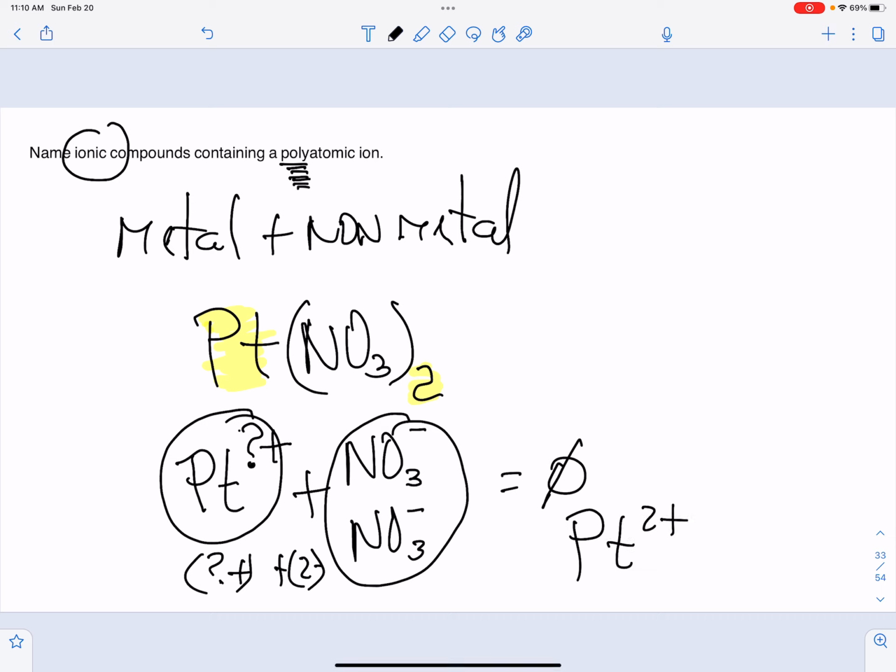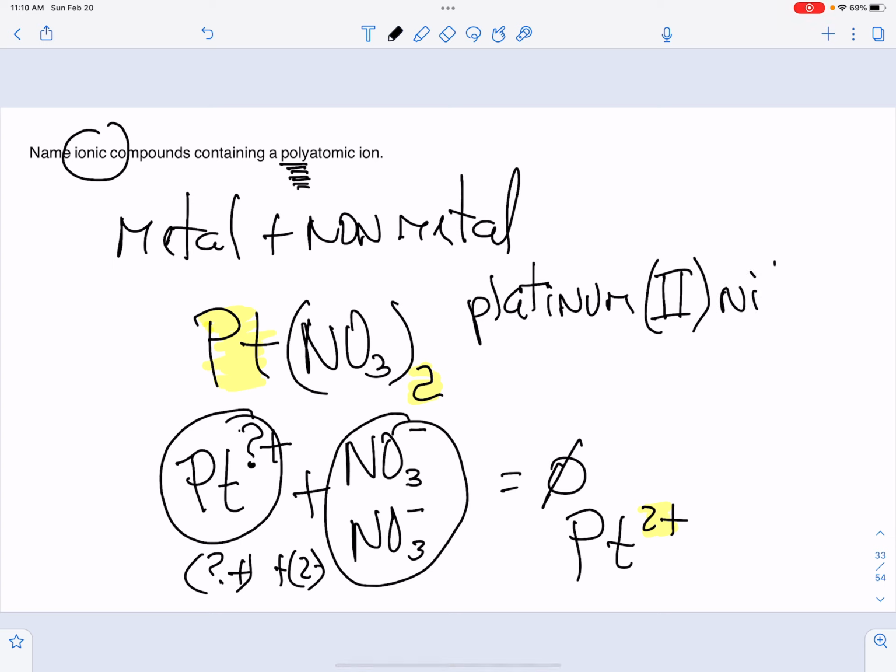So this is going to be platinum, straight from the periodic table. It's a transition metal, so I have to indicate the charge with a Roman numeral. And from the polyatomic ions table, I know that NO3 negative is called nitrate. And that's how I do the name.